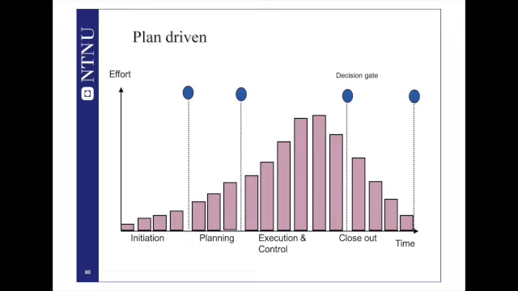You risk losing a lot of money if you start making changes in the execution phase. So that's why we say in the plan-driven type of work, you have lots of ability to change here. But once you start your project, change control becomes very, very important.